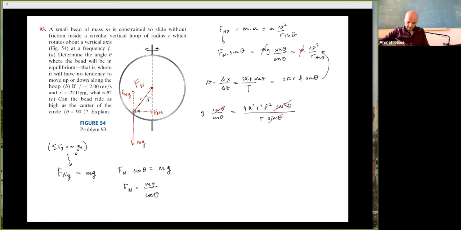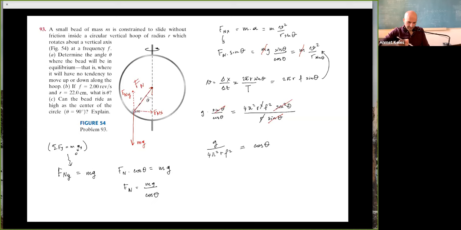And this gives g r over, oh, okay, I can cancel this guy too, which is rather nice. So this is g over 4 pi squared r f squared, right, is equal to cosine theta.